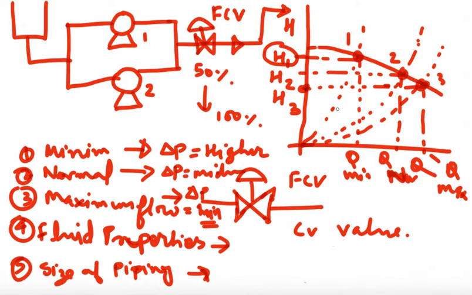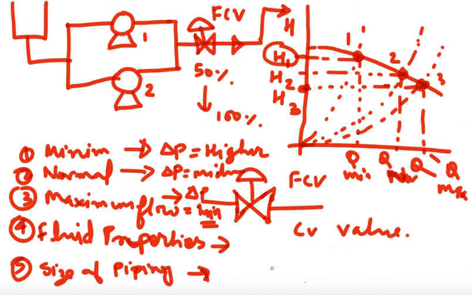Because we know how the pump is operating, from the pump curve we came to know how the pressure drop will be available for different flow rates. So we have defined the pressure drop values for minimum, normal and maximum flow here.